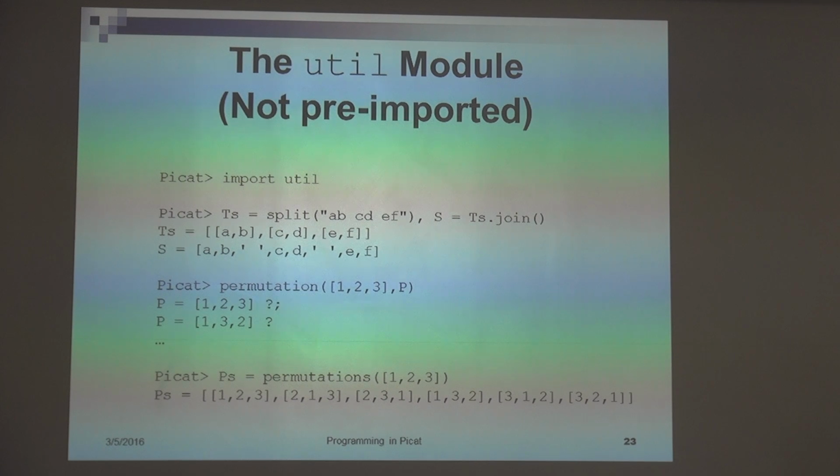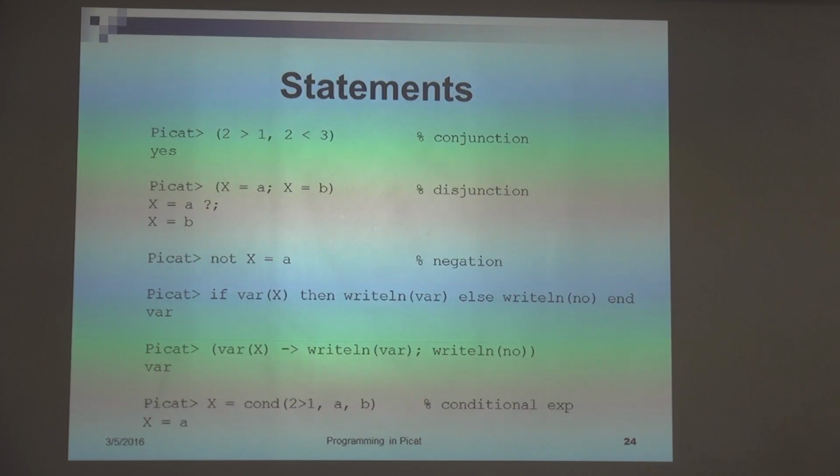All right, so each predicate call is a goal. It is a primitive goal, and you can compose goals by using connectives. This comma is a conjunction, and a semicolon is disjunction. Not is negation, and you can write if then else. You can also write Prolog style if then else. All these are from Prolog except for if then.